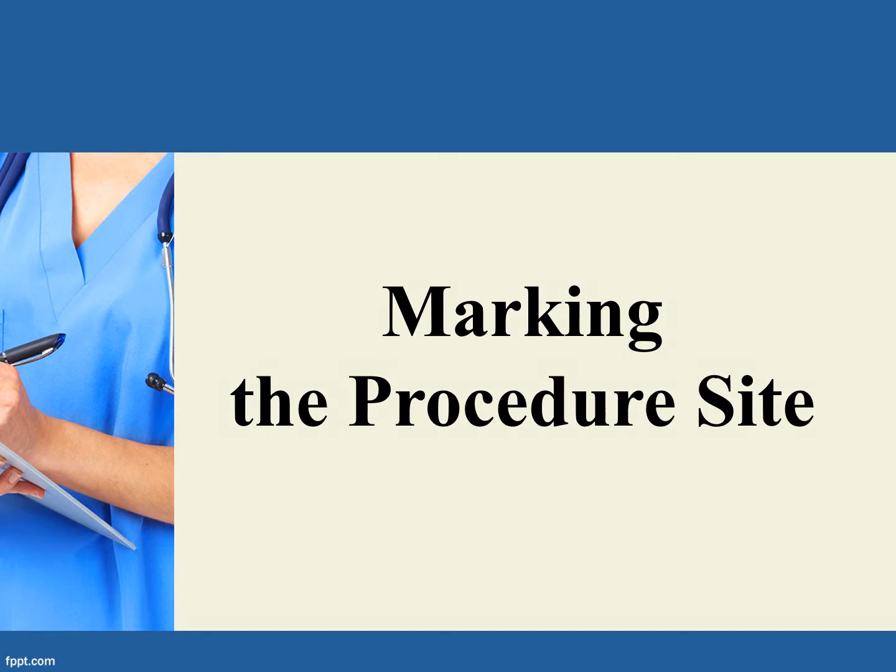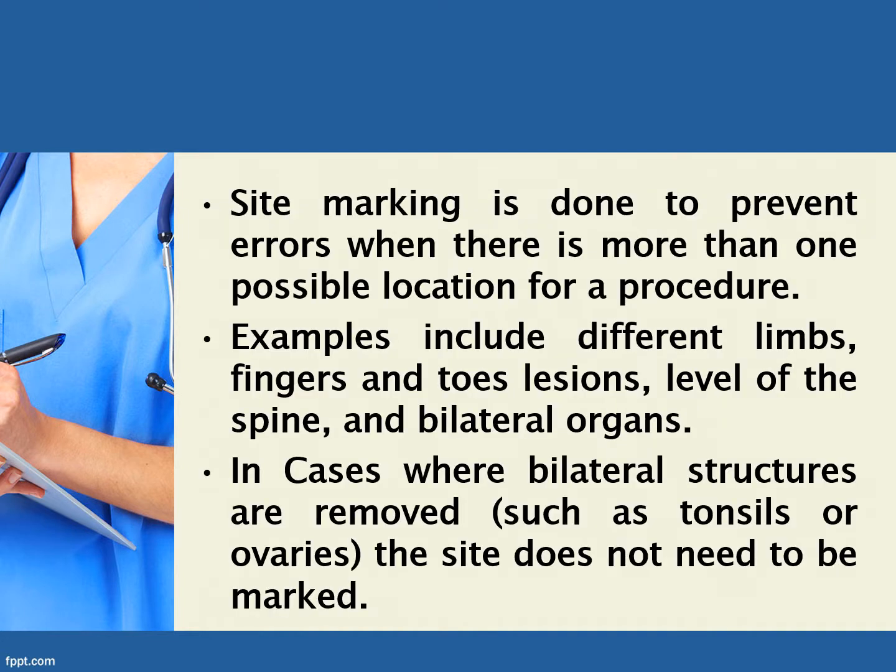Marking the procedure site is usually done when there is more than one possible location for a procedure. For example, different limbs, fingers and toes, level of spine, and bilateral organs.